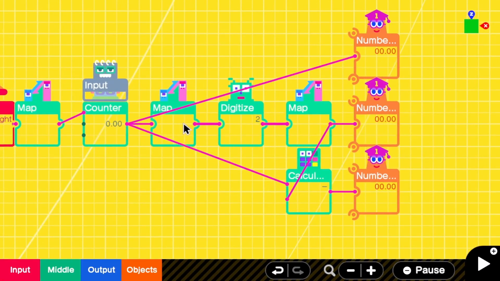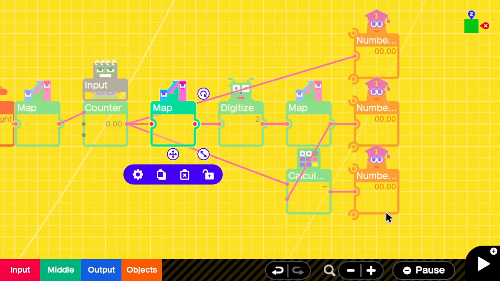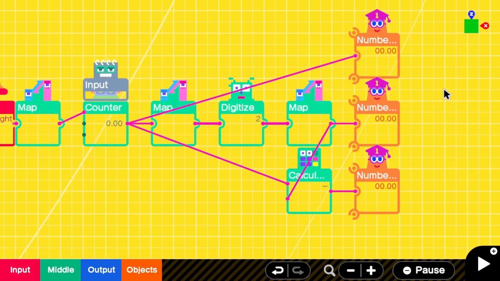Right now our setting here is 10, so whatever we see here is the remainder of our input if we divide it by 10. For example, right now it is 12.45. The remainder of 12.45 divided by 10 is 2.45. And we can just type 23.17 and see it only gives us 3.17.